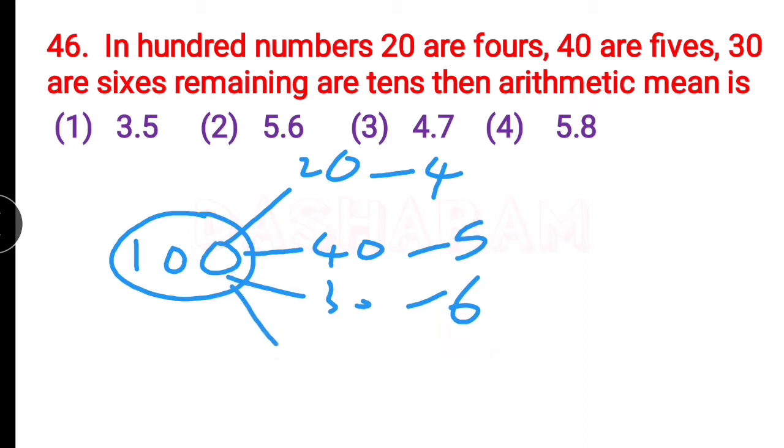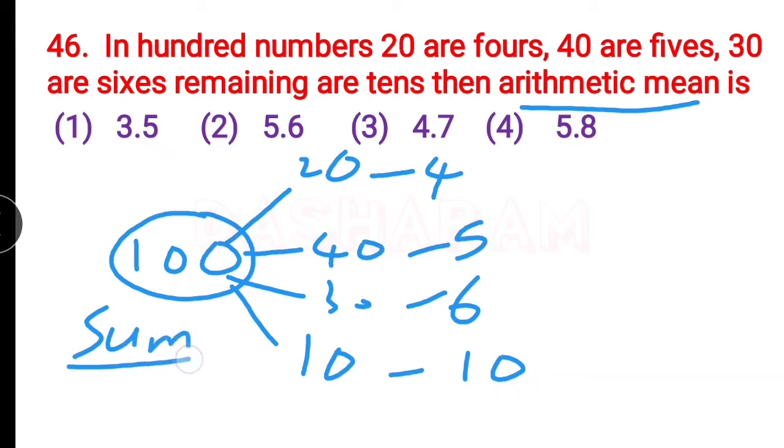Remaining how many? 40 plus 30 is 70, plus 20 is 90, so the remaining are 10, and the remaining are tens. Then what is the arithmetic mean? Arithmetic mean, as we know very well, is the sum of total numbers divided by the total number of numbers.